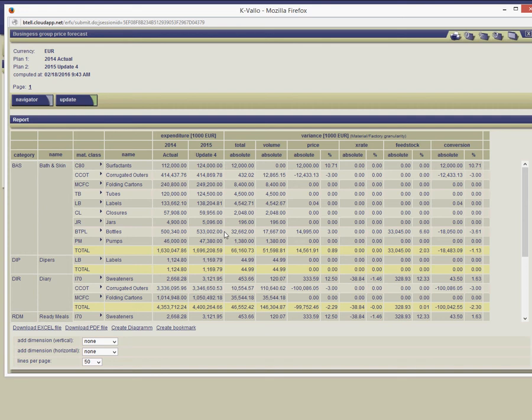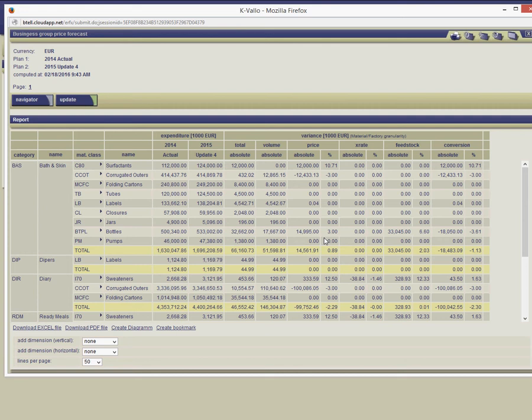So the variance analysis helps to understand how the change of 32,662 euro increase in expenditures for bottles for the bath skin category is explained. A bit more than half of it is because of the volume effect, and the remaining price effect is split by feedstock and conversion. So a strong increase can still be proof with the variance analysis that supply management has done a good job.